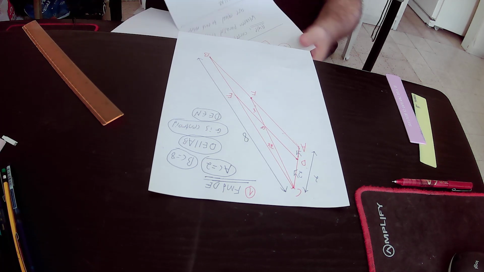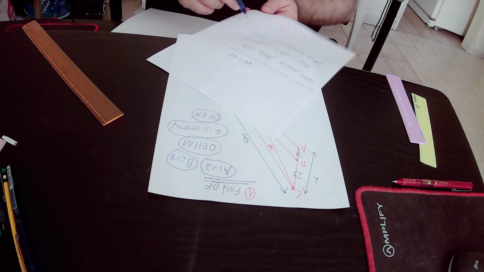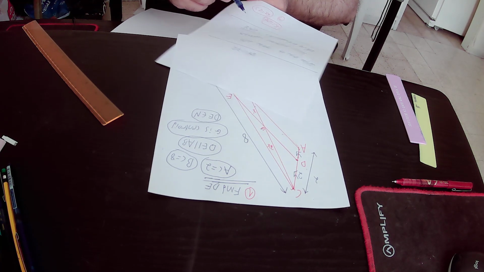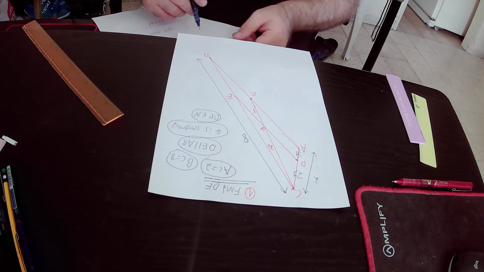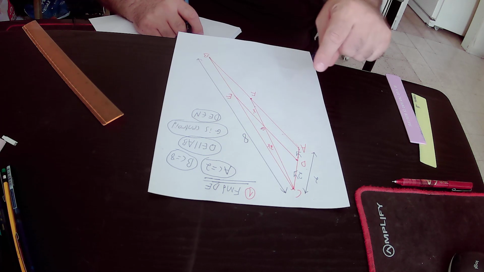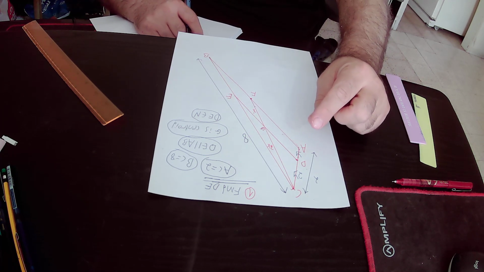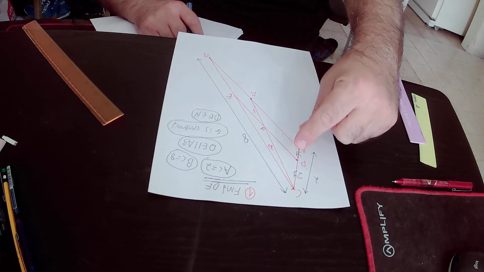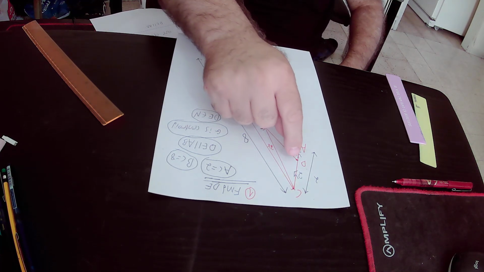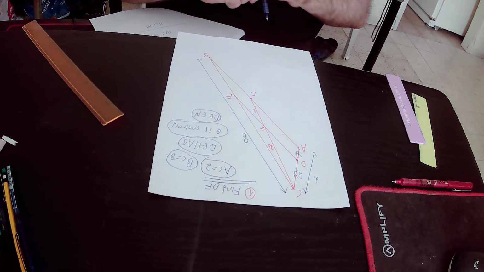According to this rule, that corresponding angles between parallel lines are equal to each other, these two corresponding angles will be equal to each other.